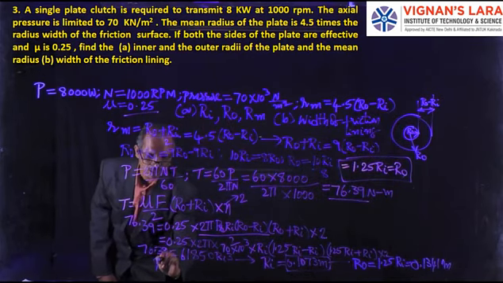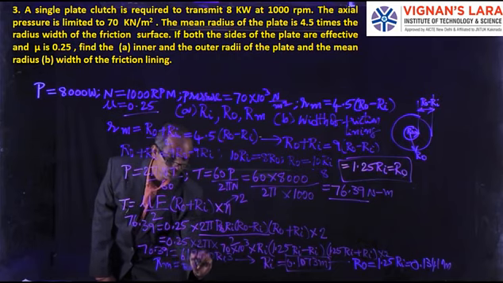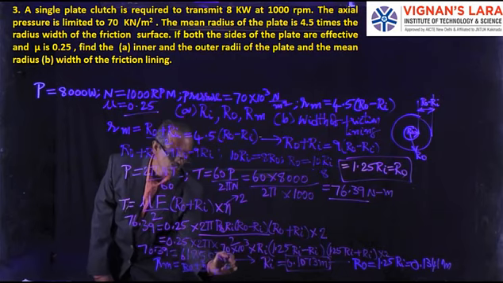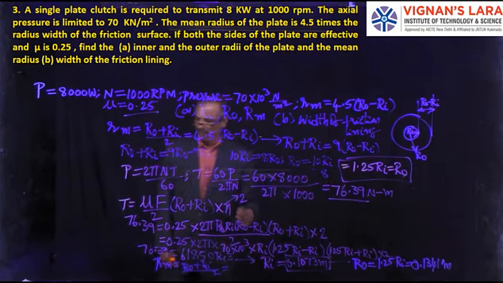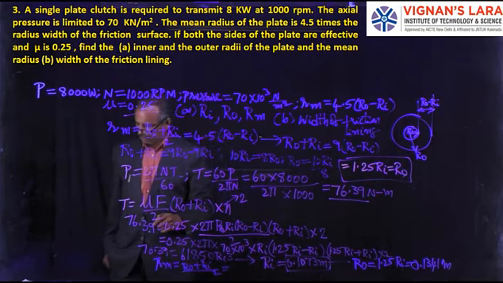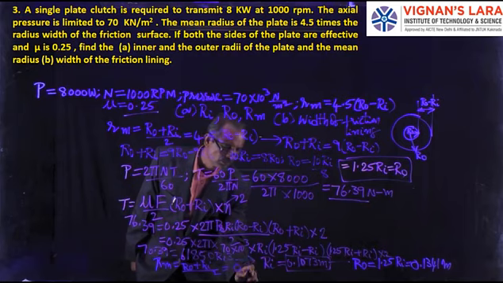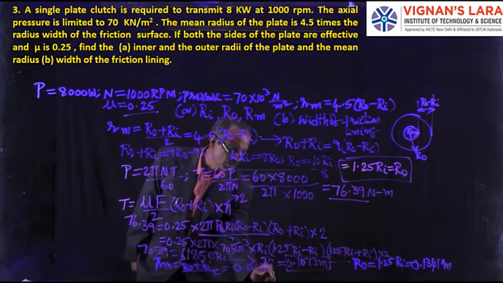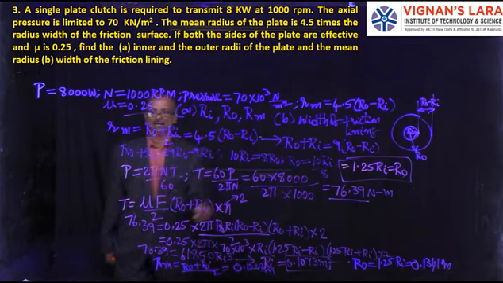R mean is equal to R naught plus Ri by 2. Ri and R naught are available, so you get the Rm value as 0.1207 meter. That is the first bit.